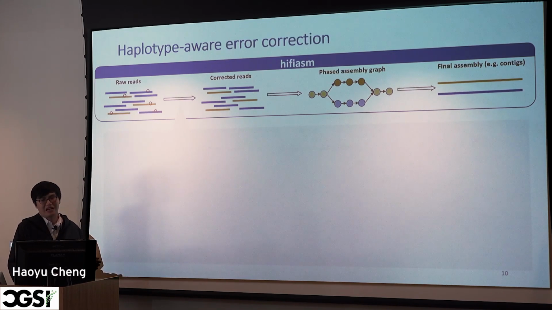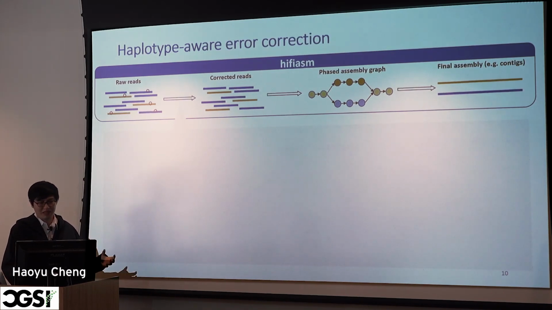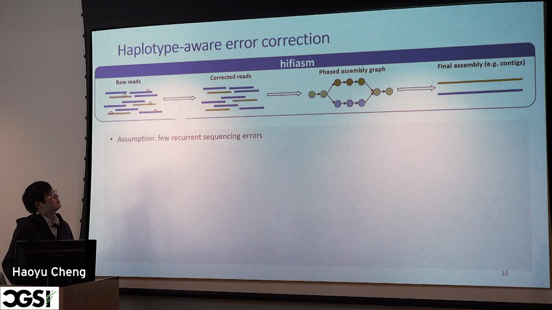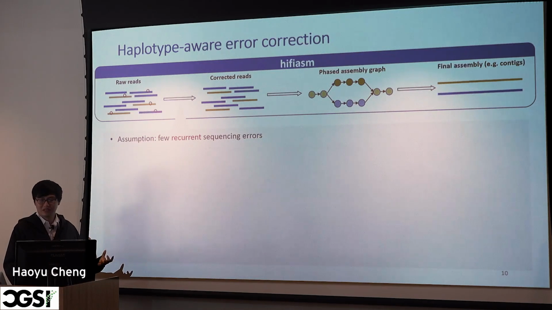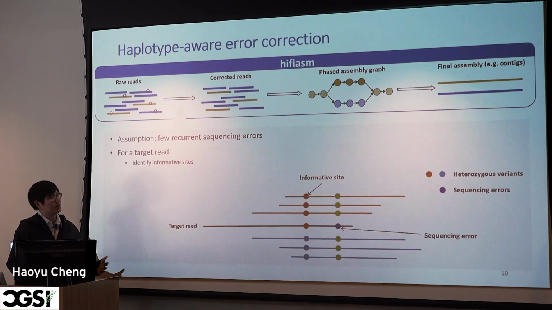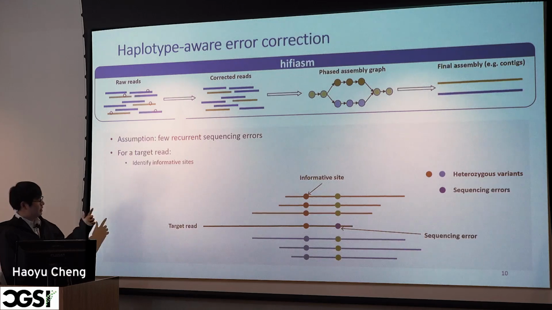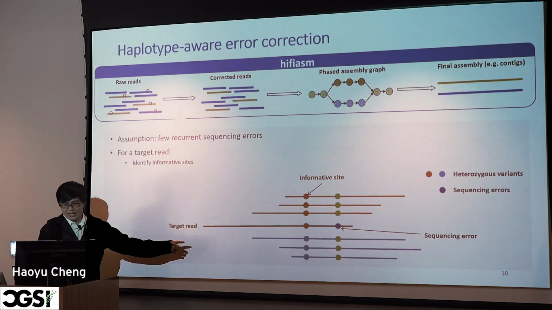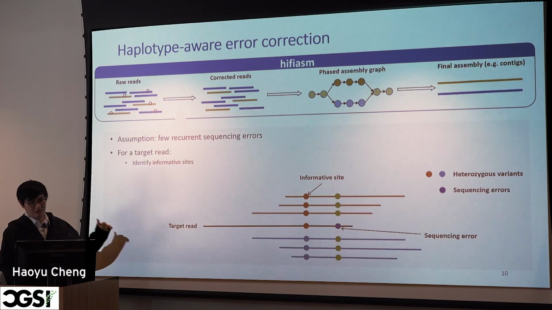So let's first have a look at how we achieve the haplotype-aware error correction. The key assumption for the correction here is that there should be fewer recurrent sequence errors. For a target read that needs to be corrected, in this example the target read in black, the hifiasm algorithm will try to identify all informative sites.